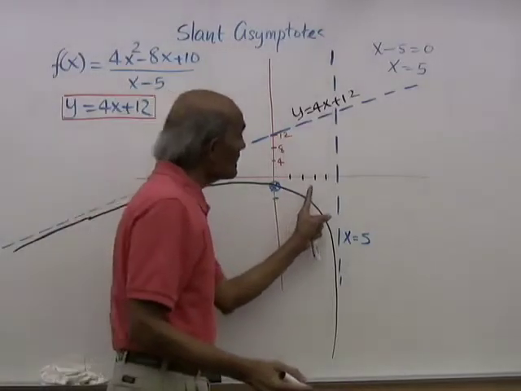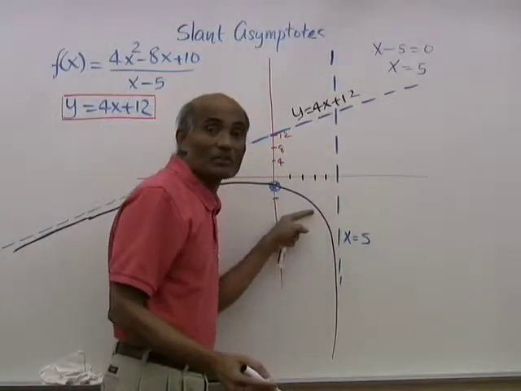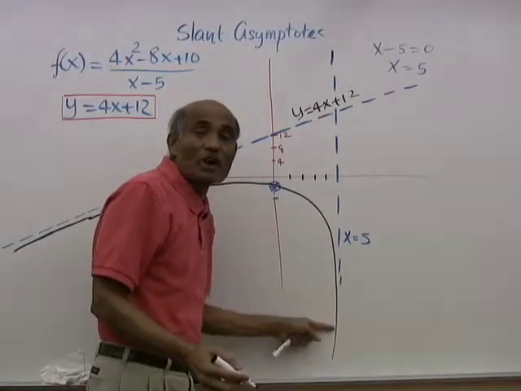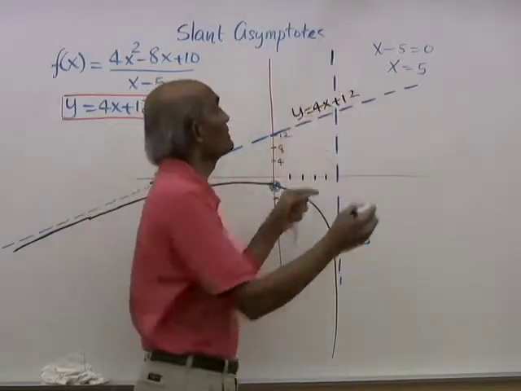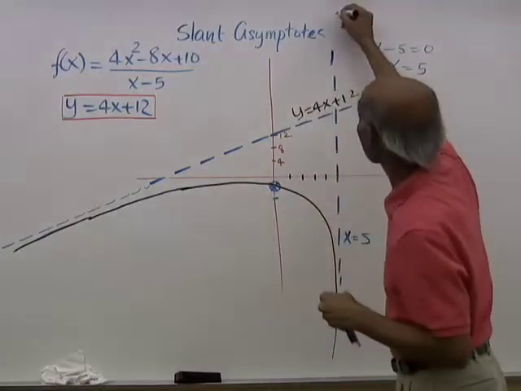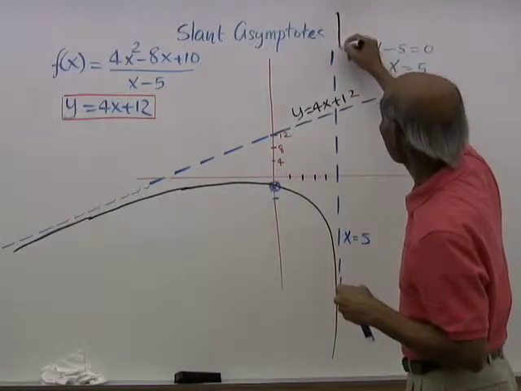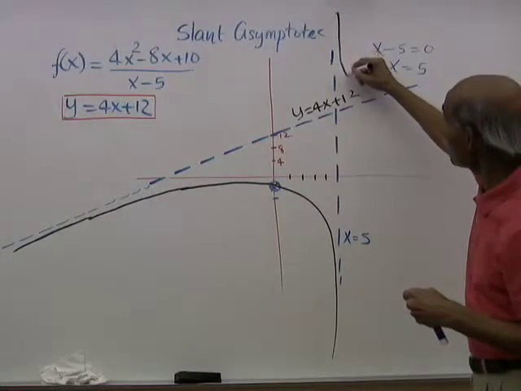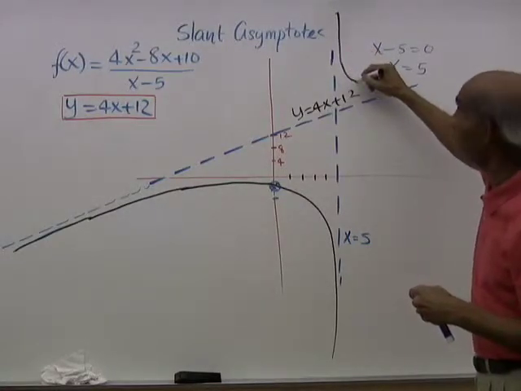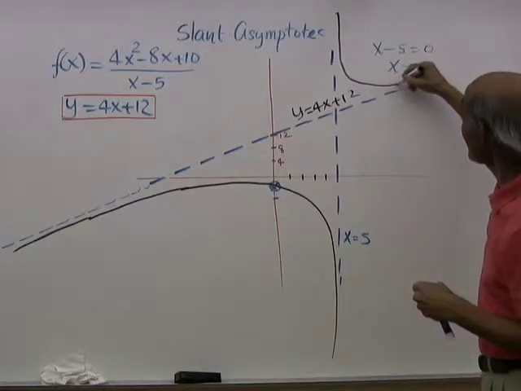Now, what will be on the other side? If the graph goes to negative infinity on the left of x equal to 5, it must come from positive infinity on the other side. So here it comes, and as x increases for large values of x, where does the graph go? Close to the slant asymptote.